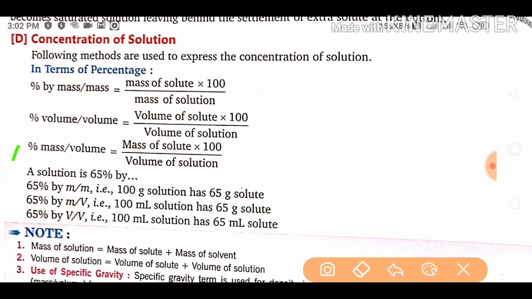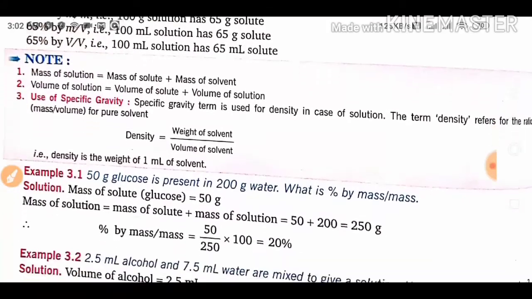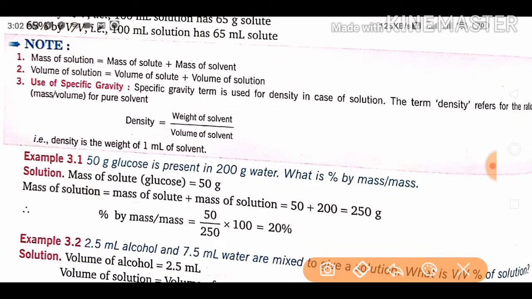And in volume upon volume, 100 ml solution has 65 ml solute. So mass of solution always equals mass of solute plus mass of solvent, and volume of solution is equal to volume of solute plus volume of solvent.